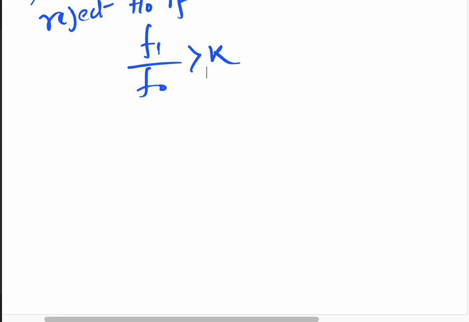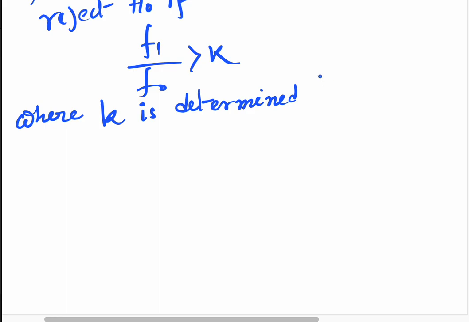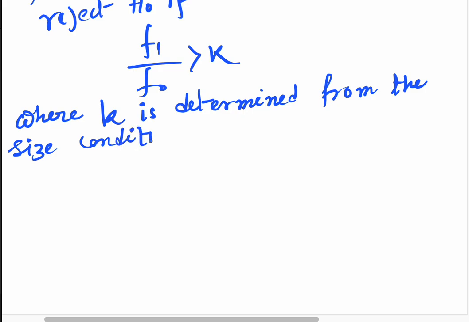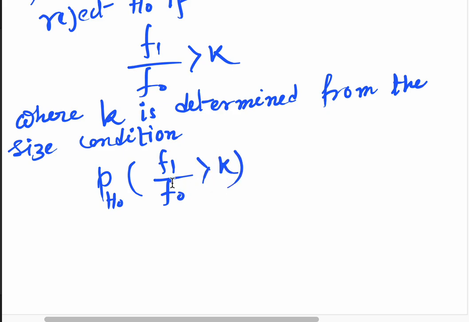Now k is determined from the size condition, P under H0 of rejecting the null hypothesis is alpha.